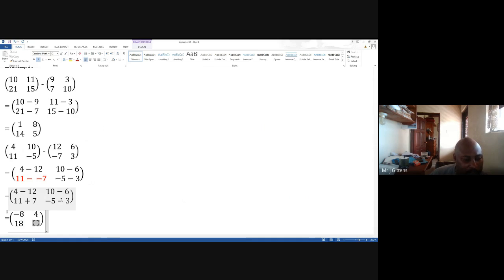Subtracting is taking away, so you have to get something less than. So if you have negative 5 minus 3, you go towards the left of the number line, 3 paces down, and become negative 8.